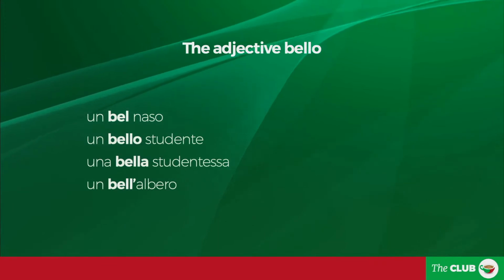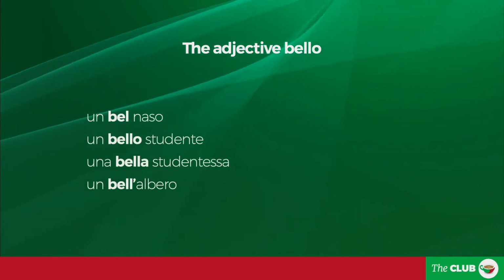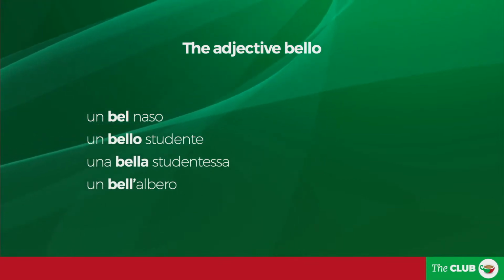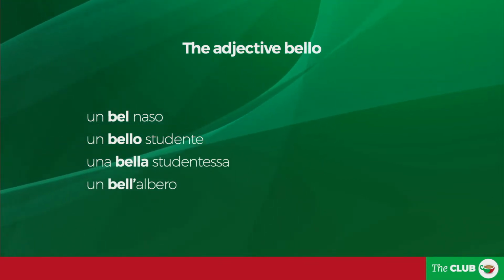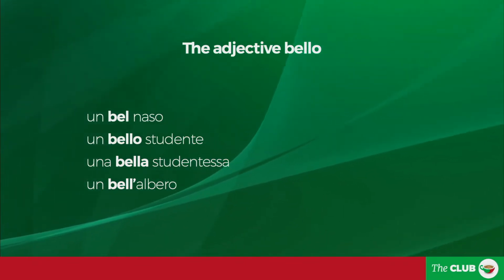Let's review what we've learned about the adjective bello. As I was saying, bello means beautiful, and it has 7 different forms. The singular forms are bel, bello, bella, and bel apostrophe. For example, un bel naso, a beautiful nose, un bello studente, a beautiful student, una bella studentessa, a beautiful female student, and un bell'albero, a beautiful tree.